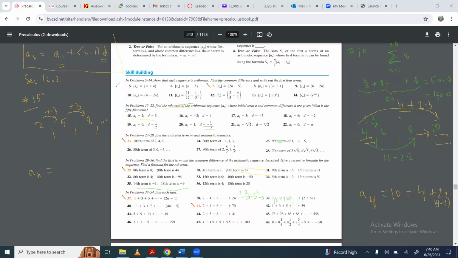All you need is the first term, 2, right? That's my A1. And then n minus 1 for the nth term. I just use n because they didn't tell me it's term number 5 or 10. That's multiplied by the difference, which is 3.